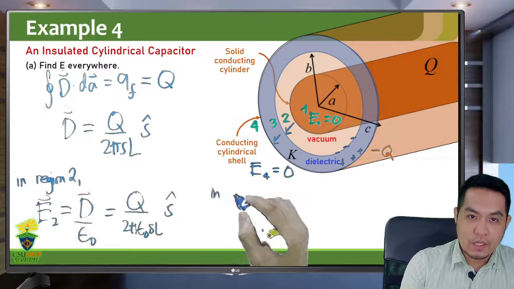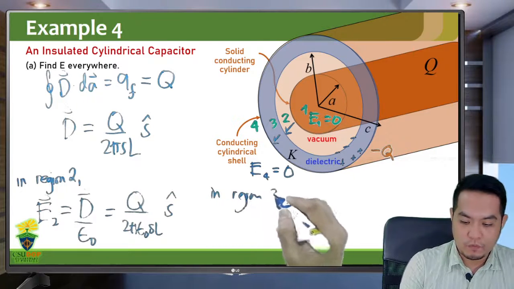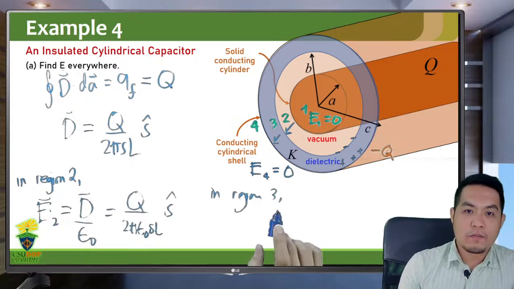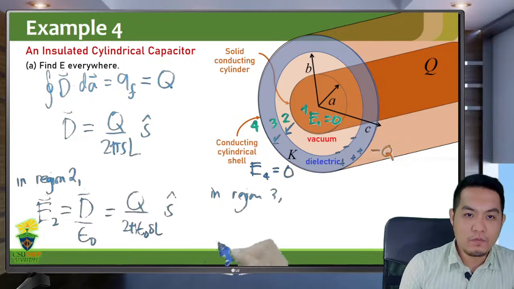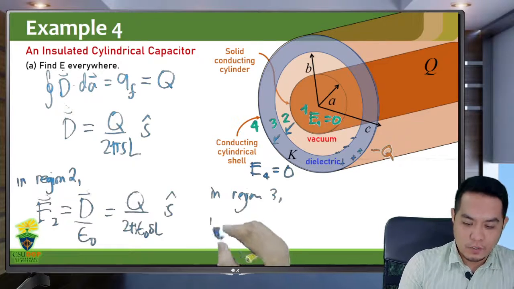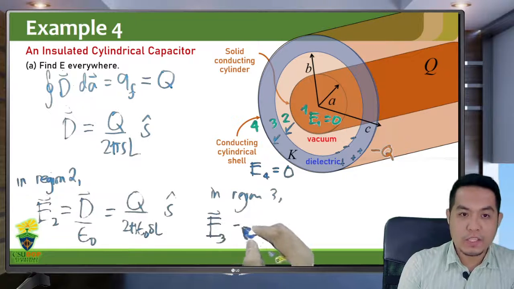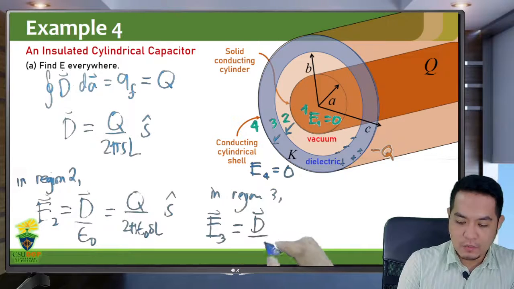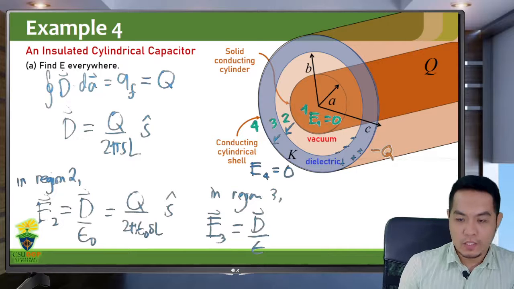And in region 3, since we are given the dielectric constant, E3 will just be equal to the displacement over the permittivity epsilon.